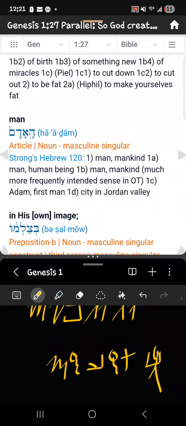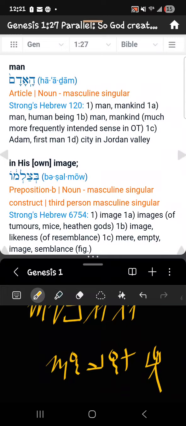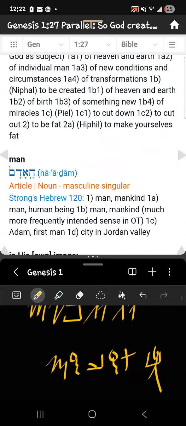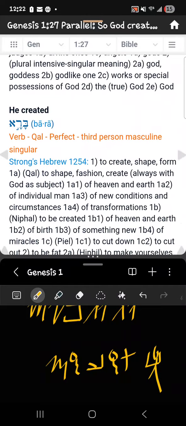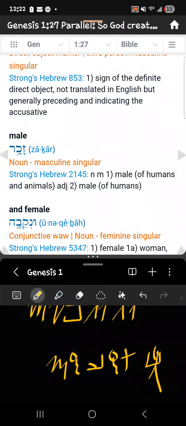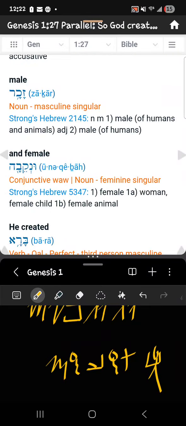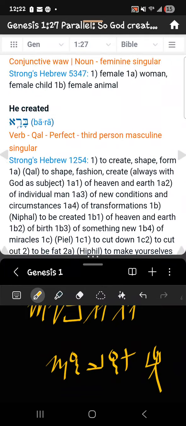And Elohim created Ha'adam, the man, in his image. So who did it? Elohim created man in his image. In the image of Elohim, he created him. Male and female, he created them.